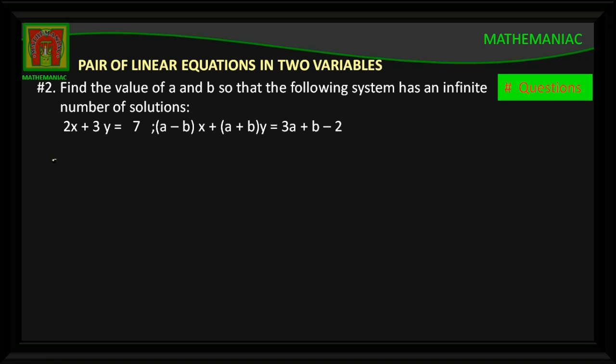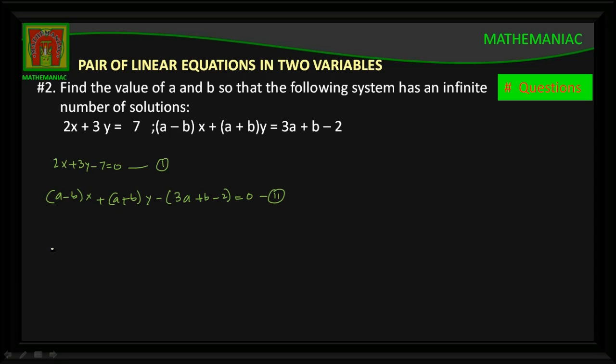Anyway, let's start with what we know. First of all, you have to bring this in the standard form. So we rewrite it, right? So this will also be rewritten in the form of the given one, as I disclosed earlier. It is minus (3a plus b minus 2). This will be equal to 0.